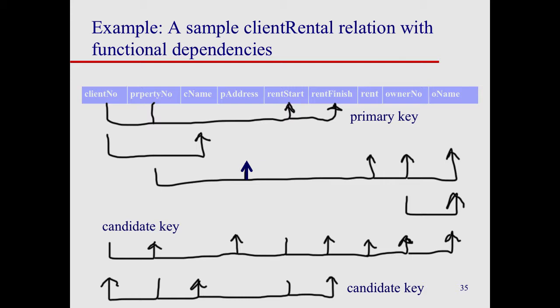So depending on what your primary key is, a dependency might be either a partial dependency or a transitive dependency. The bottom line is generally you'll end up with the same set of third normal form relations, but you won't necessarily end up with the same set of second normal form relations.